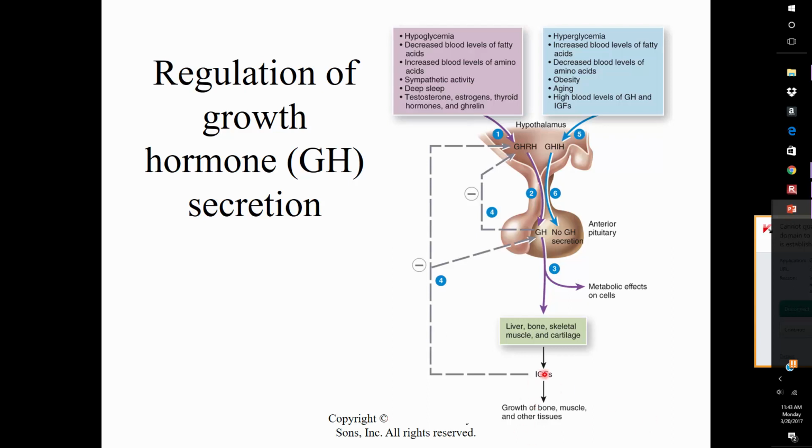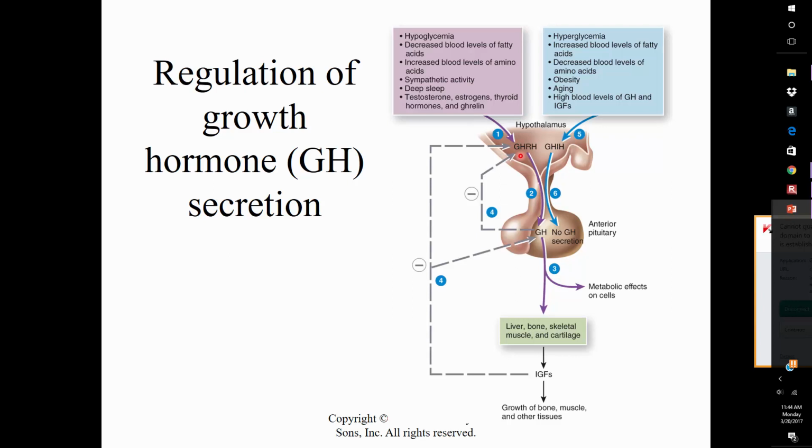Now, notice the feedback. As IGFs increase, they're going to feed back and inhibit growth hormone secretion from the anterior pituitary and inhibit GHRH from the hypothalamus. Growth hormone can also feed back and inhibit growth hormone releasing hormone.